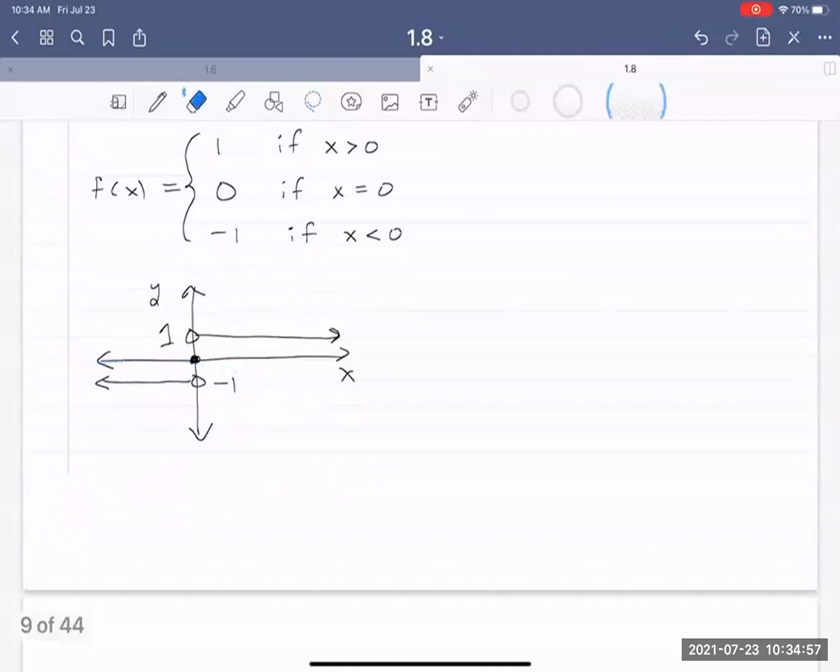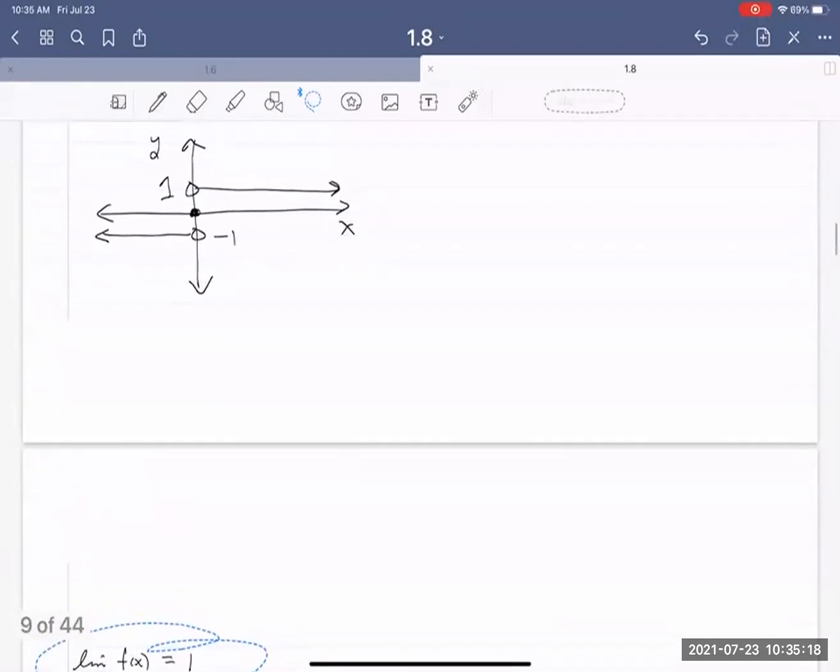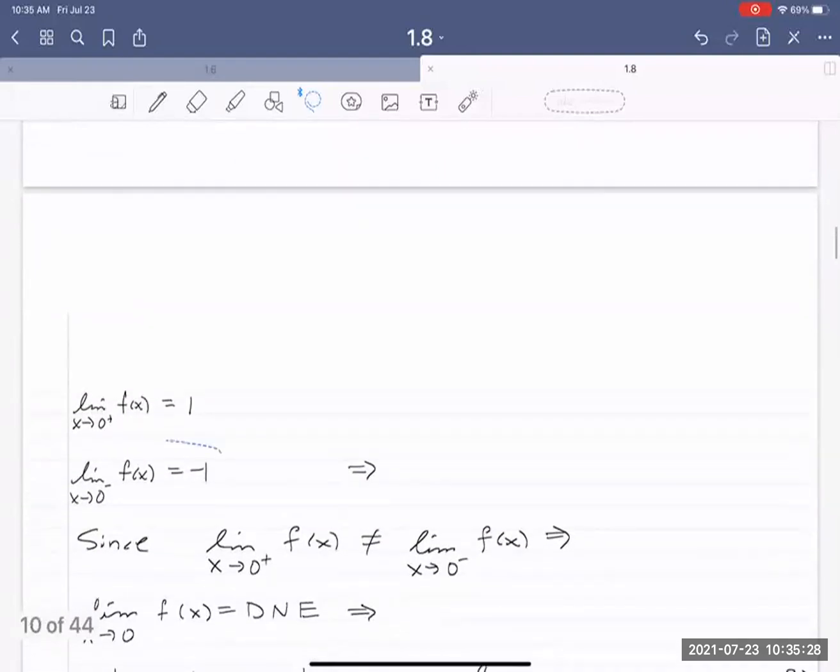So if I look at the right side, as x goes to 0, my right side of the limit approaches 1. So the limit as x approaches 0 from the right of f of x is equal to 1. As x approaches 0 from the left, my y values are always equal to -1. So the limit as x approaches 0 from the left of f of x is -1.